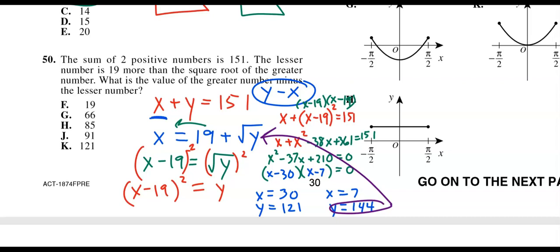And what's 12 plus 19? Is it equal to 7? Absolutely not. So this is not true. Now I know with confidence that I take 121 minus 30 and I get my answer of 91.